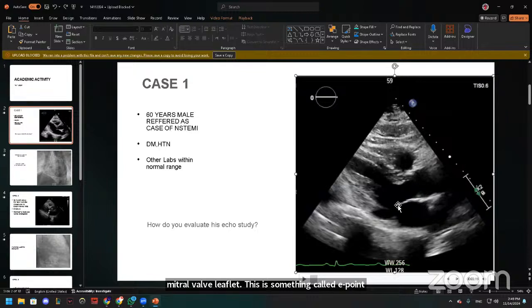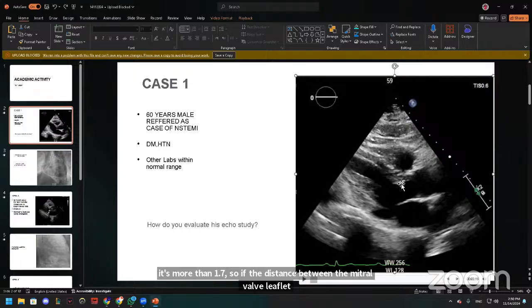Quantitatively, they can give you a number. If the distance between the mitral valve leaflet in early diastole and the septum is more than 1.7, this is abnormal.